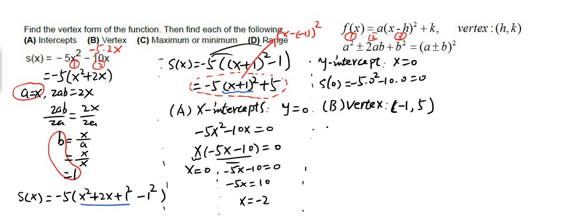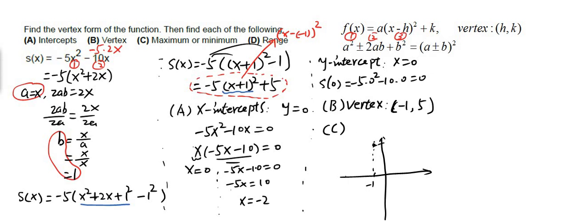Now, let's take a look at the maximum and the minimum. Then we need to draw a picture. We draw a rough picture. Negative 1, and the 5 should be around here.